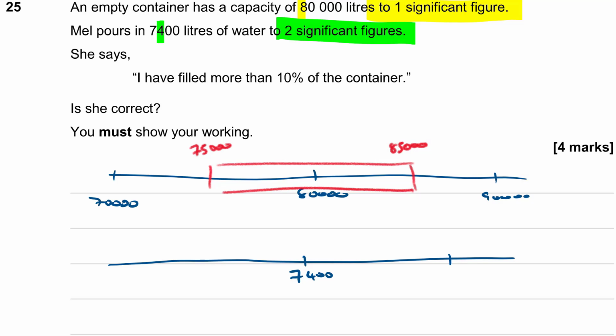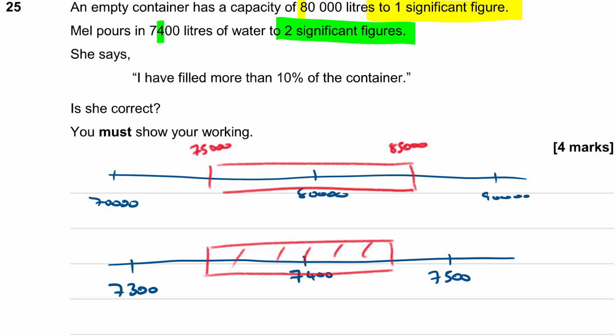If we're going up in hundreds, the one above it would be 7,500, and the one below it would be 7,300, and then the numbers that round to 7,400 would be the ones closest to it on the number line, all the numbers in here. So the lower bound is going to be halfway between 7,300 and 7,400, which would be 7,350. And the upper bound is going to be 7,450.